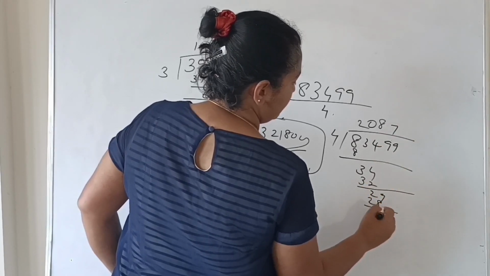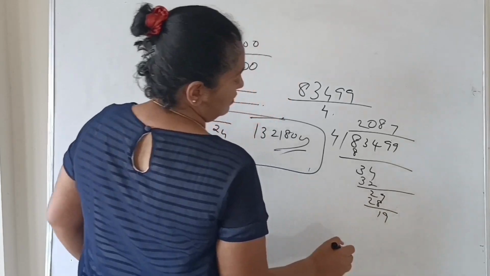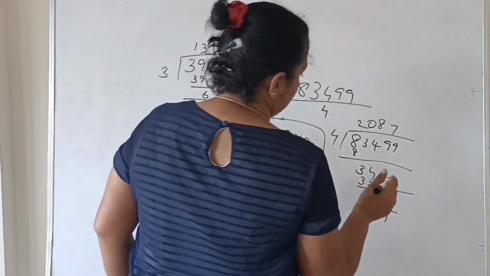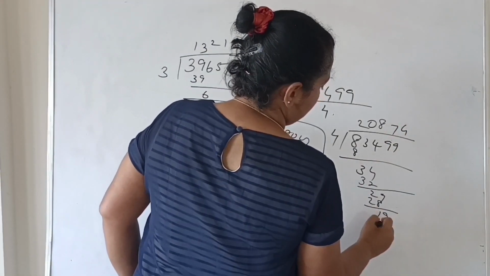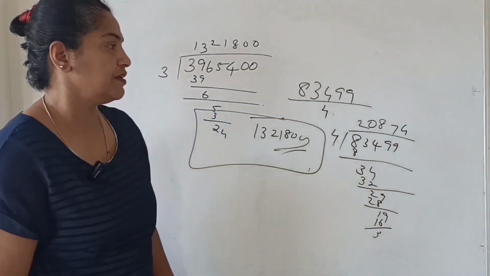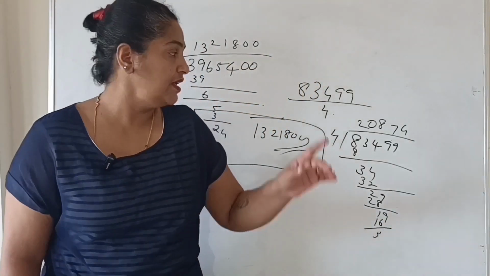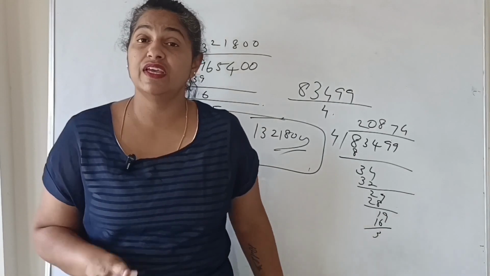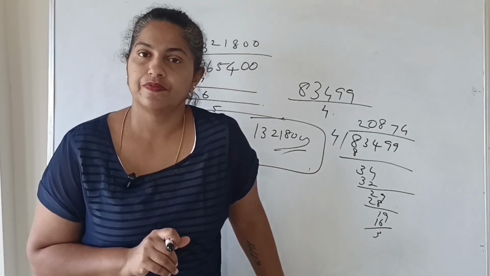Fours are 28, 1, 9. Correct? 3 is the remainder. I can confidently say this number in no way is a perfect square.